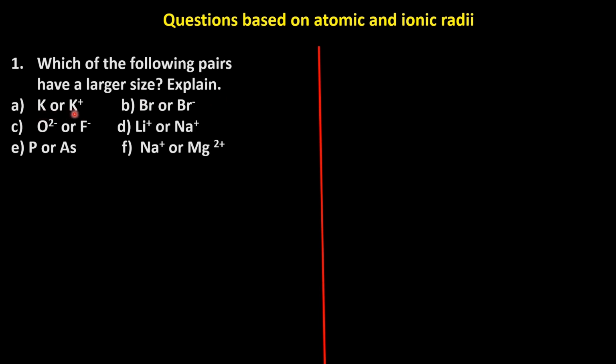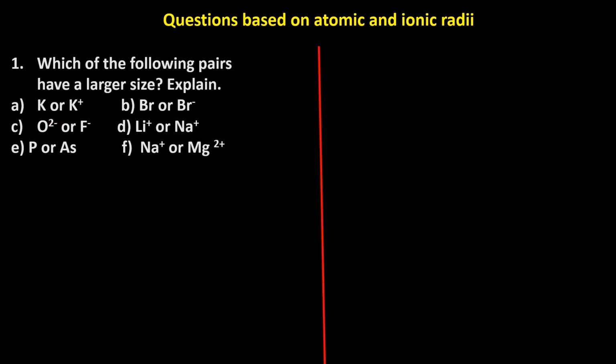Potassium atom or potassium ion, bromine atom or bromide ion, oxygen 2- ion or fluoride ion, lithium ion or sodium ion, phosphorus atom or arsenic atom, sodium ion or magnesium 2+ ion. There are 6 pairs given. You have to identify the larger one in each pair and you have to justify your answer. You have to give reason why you have selected a particular one as the larger one.